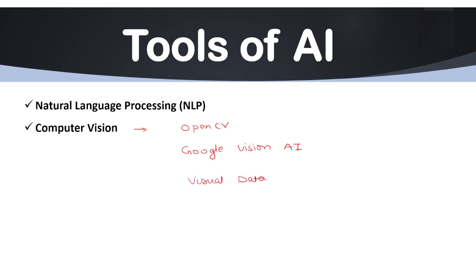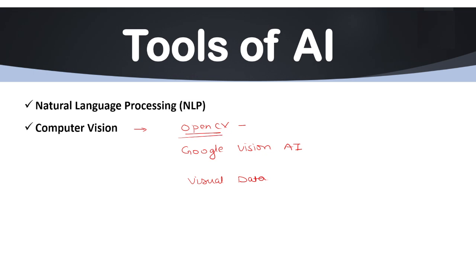I am repeating the statement. The tools of artificial intelligence in computer vision include OpenCV and Google Vision Artificial Intelligence, for visual data.